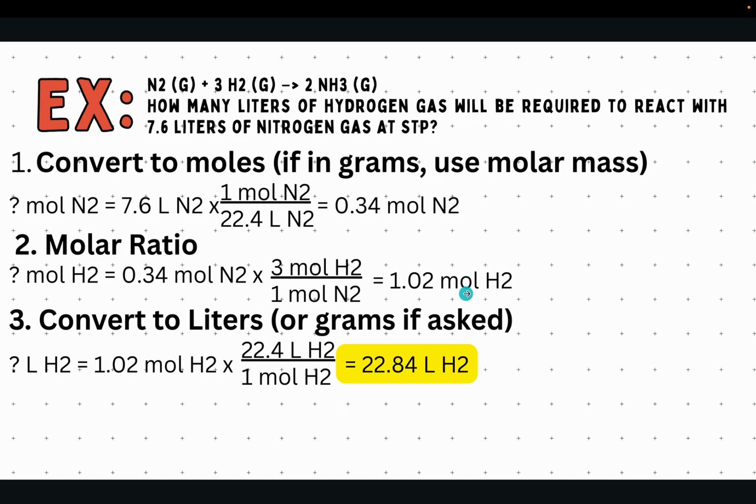Now we just need to convert that back to liters. So we use this thing again, 1.02 moles of hydrogen, moles cancel, liters at the top, and we get 22.84 liters of hydrogen. So 22.84 liters of hydrogen are going to be required to react with 7.6 liters of nitrogen gas at STP, only at STP, remember.